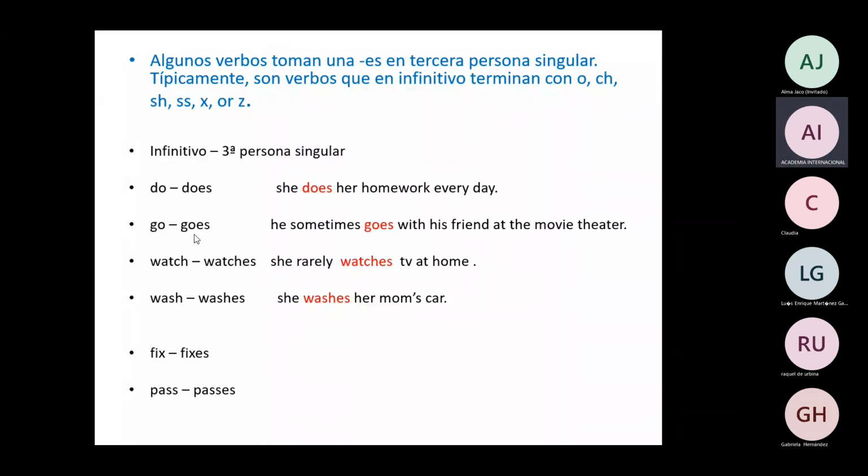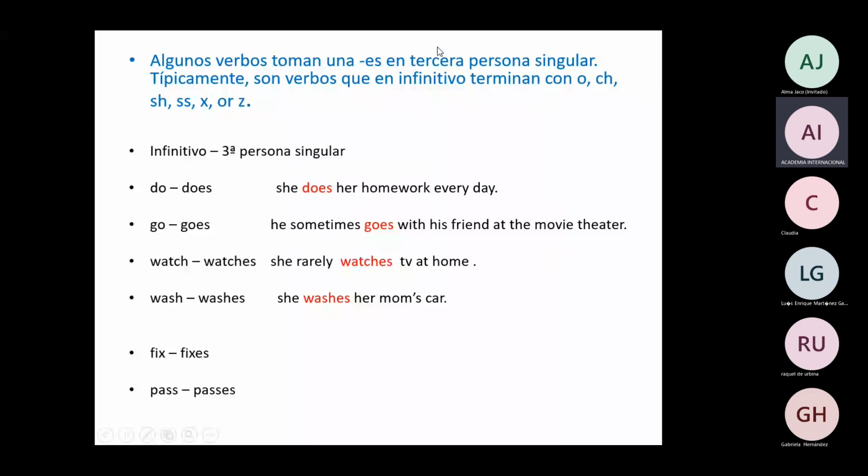For example, there are some verbs in English that we have to add letter S, or we have to eliminate some letters, and then we have to add ES. Hay algunos verbos que les debemos de agregar S, otros se les eliminan y se les agrega ES.